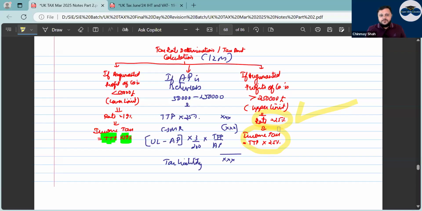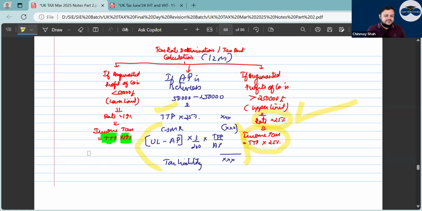But if augmented profit is between 50,000 and 250,000 for a 12-month year, then you do TTP into 25% minus the marginal relief. The marginal relief calculation is upper limit minus augmented profit, into 3 by 200, into TTP by AP.